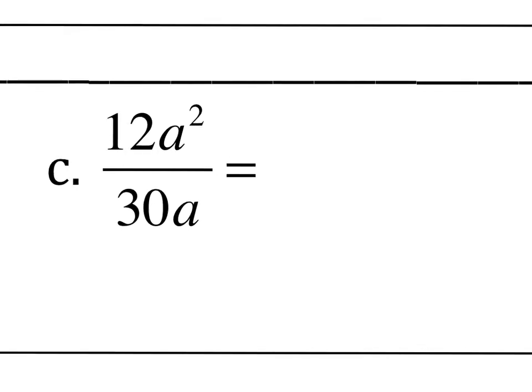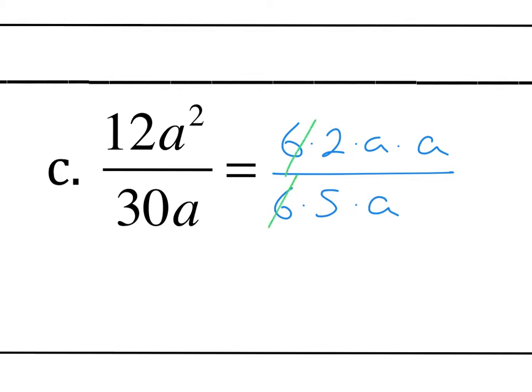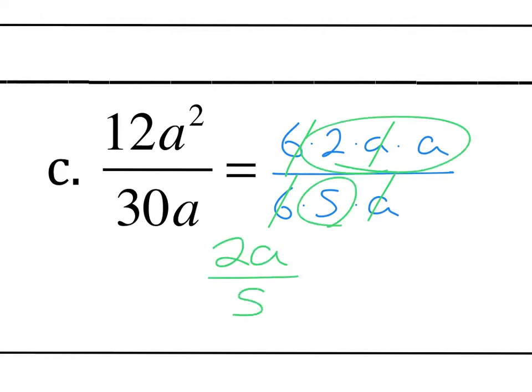So if I write it as 6 times 2 times A over 6 times 5 times A, a pair of 6's become 1, a pair of A's drop out, so I'm left with 2A in the numerator and 5 in the denominator.